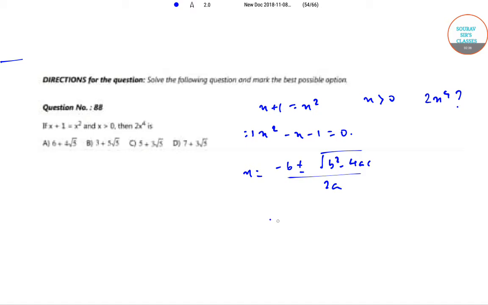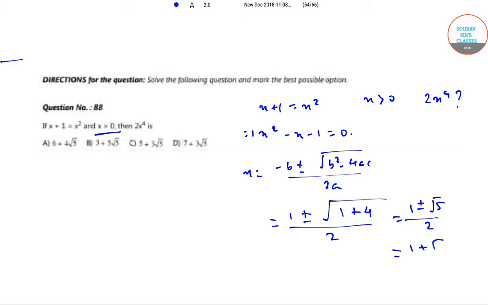So from here we get 1 plus minus root over 1 plus 4 by 2, or 1 plus minus root 5 by 2. But since x greater than 0, we'll just get one root, that is 1 plus root 5 by 2.